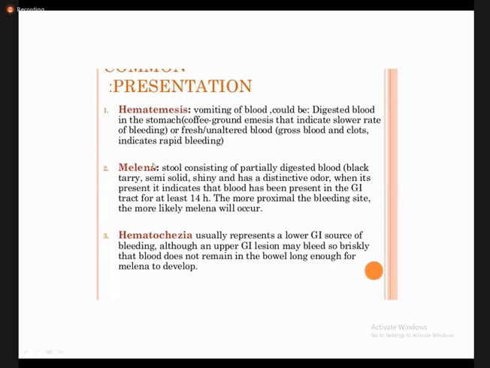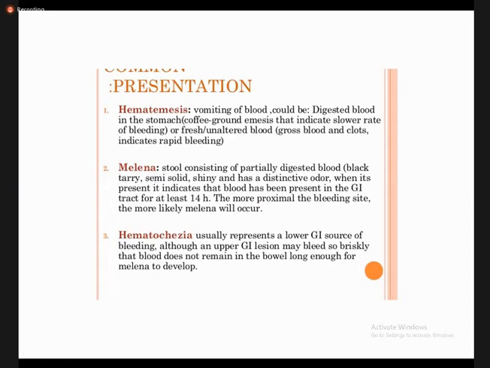Another common presentation could be melena. What is melena? It is a stool consisting of partially digested blood, black or tarry colored. We commonly call it black and tarry color, and it has a distinctive odor. So it indicates that the blood has been present in the GI tract for at least 14 hours. So basically these are black stools coming from the anal canal, but the source is the upper GI above the ligament of Treitz.